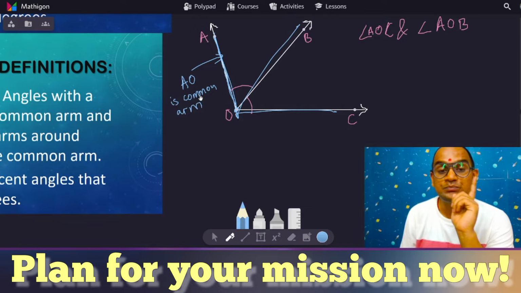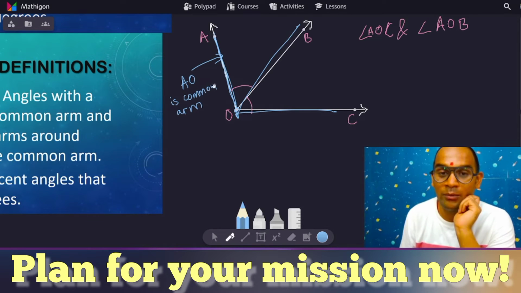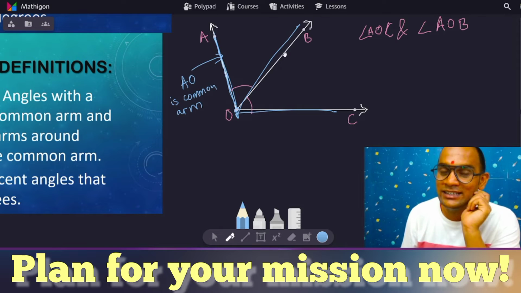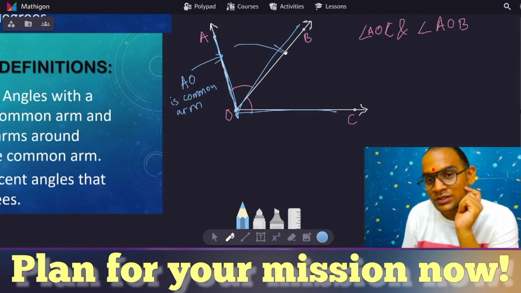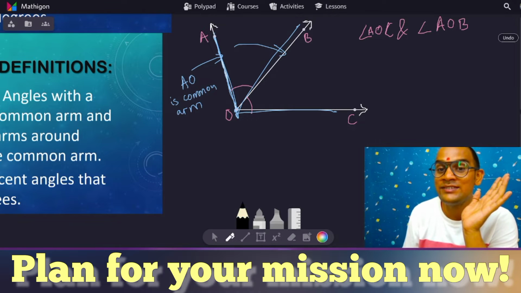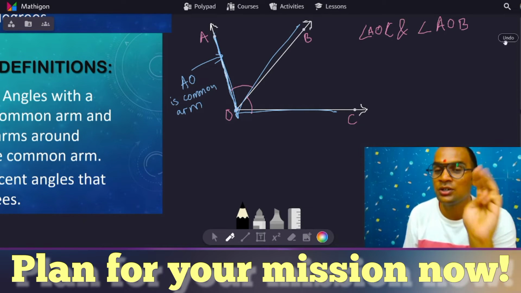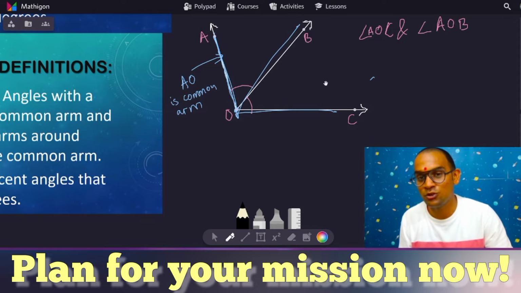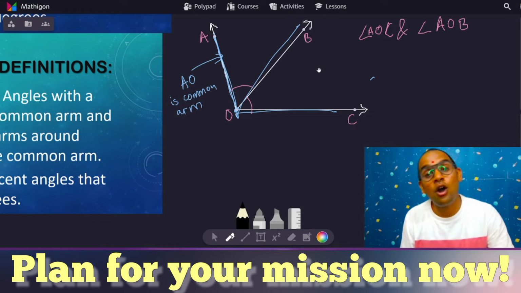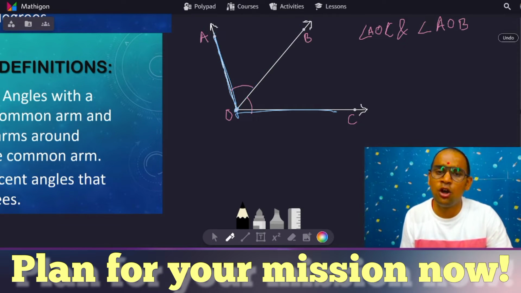AO is the common arm, but you can see that both the arms which are not common are on the same side of the common arm. This is where the third criterion of adjacent angles comes into play, that both the non-common arms should be on either side of the common arm, or on the opposite sides.